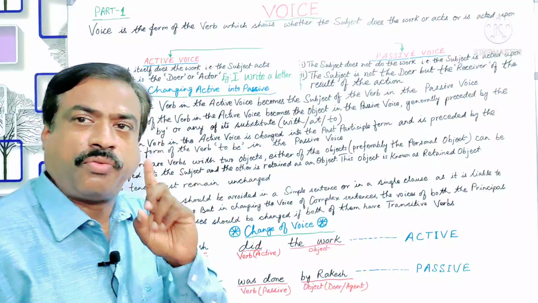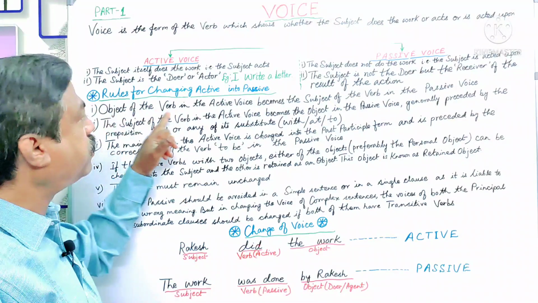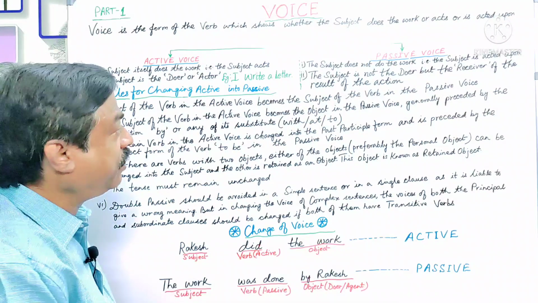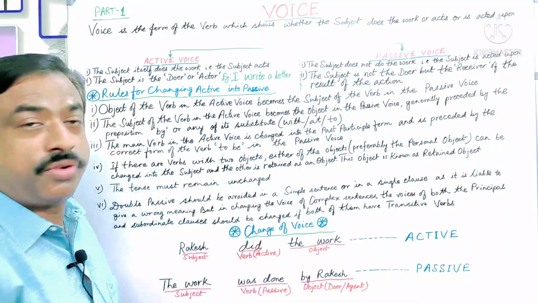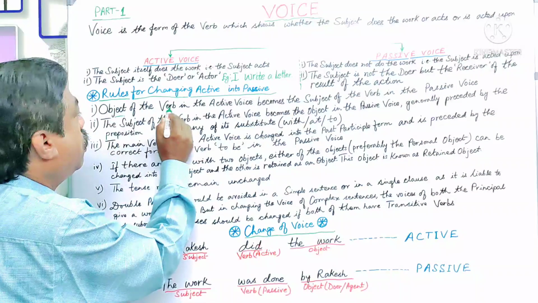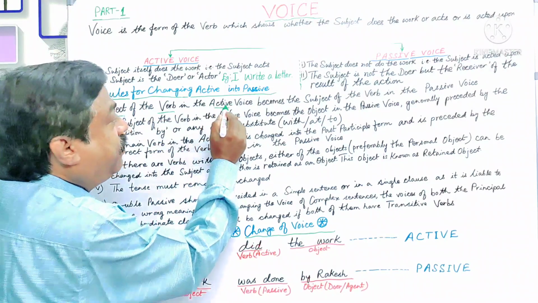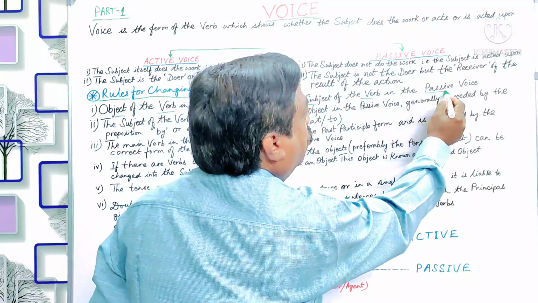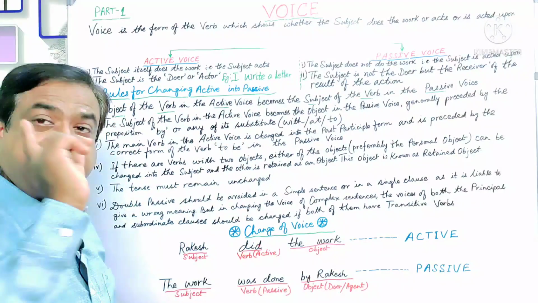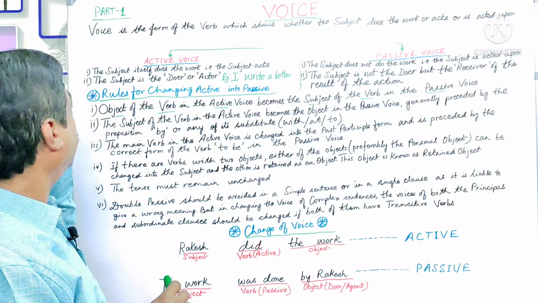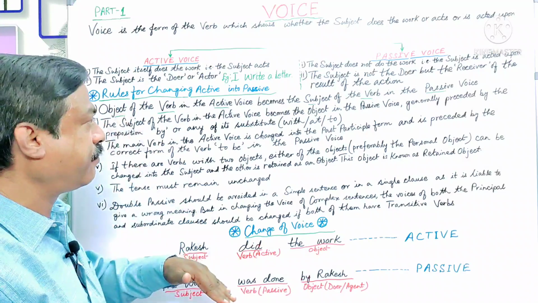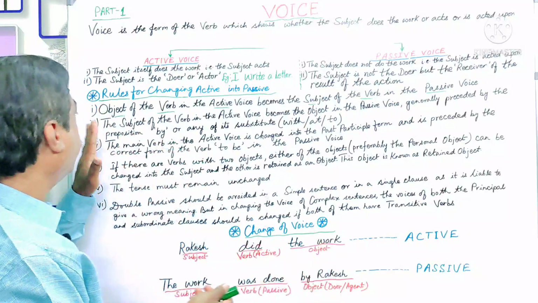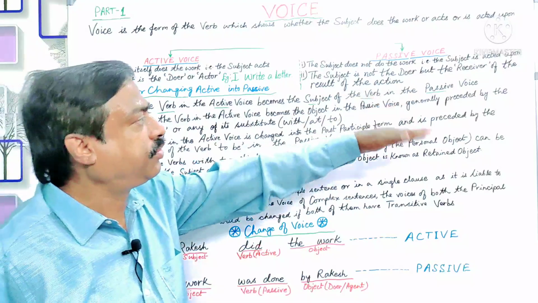The first of all is that the object of the verb in the active voice becomes the subject of the verb in the passive voice. This is the very first change that happens when you do the necessary change from active into passive. So the object of the verb in the active voice becomes the subject of the verb in the passive voice.